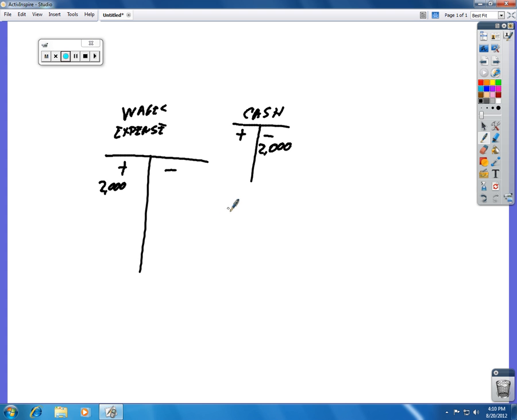First thing was a date. It's going to happen at the end of August, so I'm going to date it for 8/31. The debit to wages expense goes in here as my debit account. And that amount is $2,000.